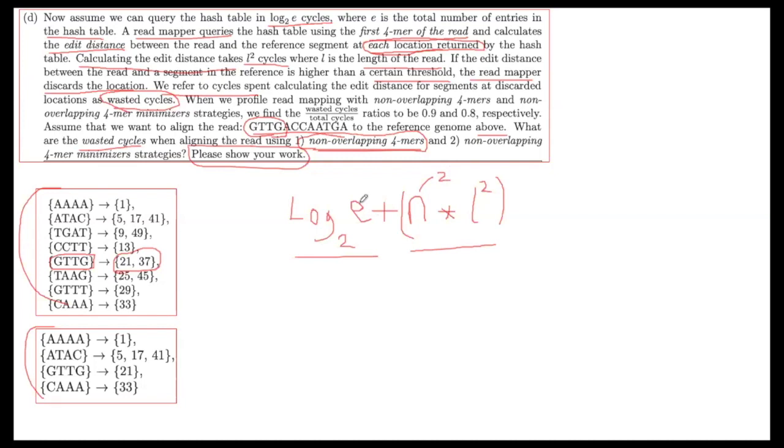and E here is the number of entries in the hash table, which is 1, 2, 3, 4, 5, 6, 7, 8. So we have log base 2 of 8 plus 2 times L squared.